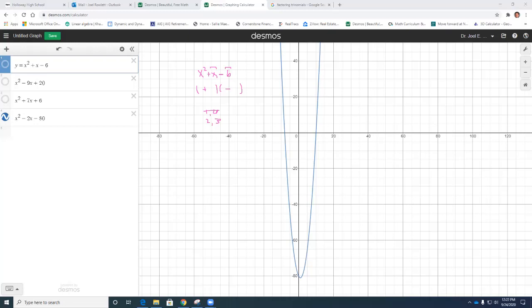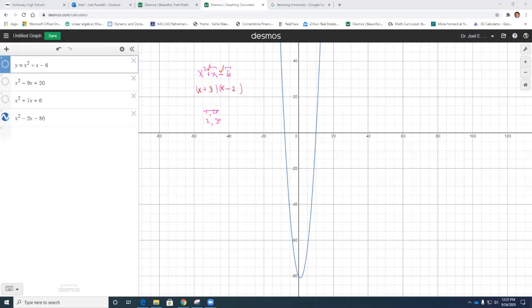I know that because this is a negative sign. And I know that the biggest number takes the positive value because there's a plus on the linear term. That means I'm going to use plus 3 and minus 2. And of course, in the first positions, I'll just use x and x.